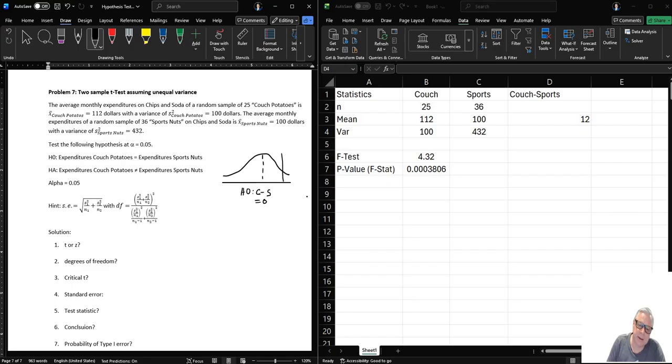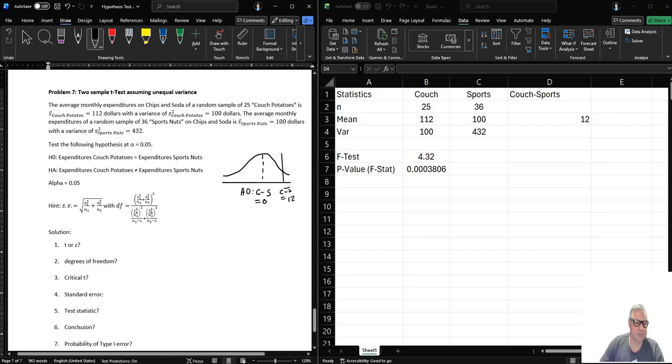But then we got an average couch minus sports, which is equal to 12. The question is, how much does that translate into a t-score? So a 12 is how many standard errors above a 0.